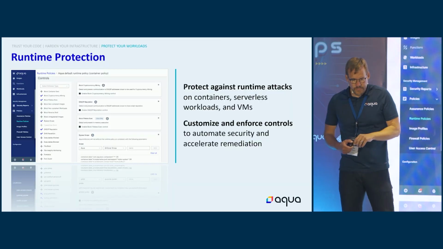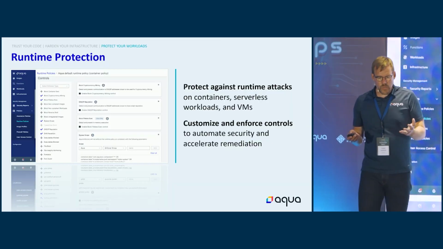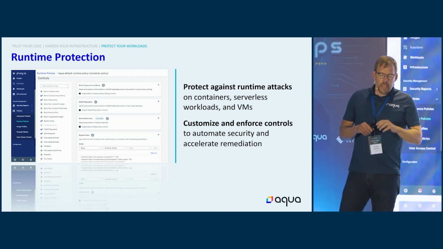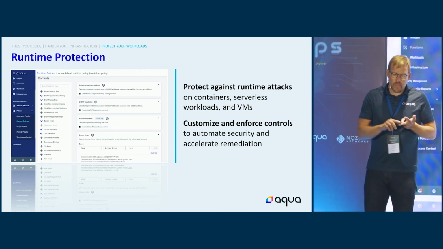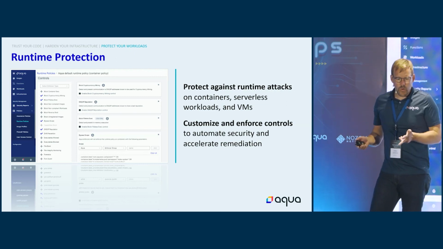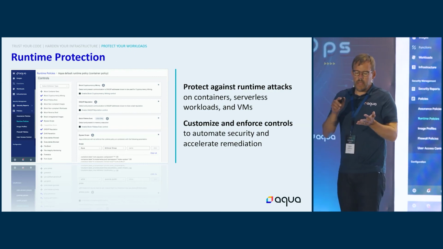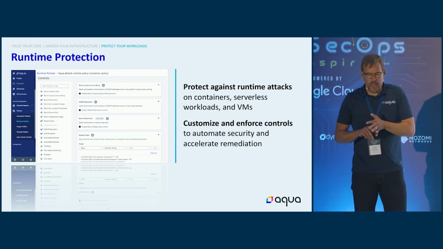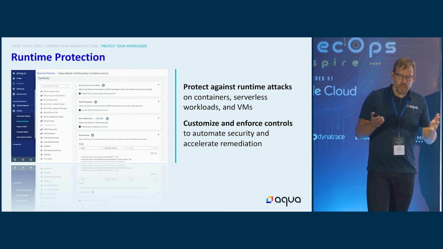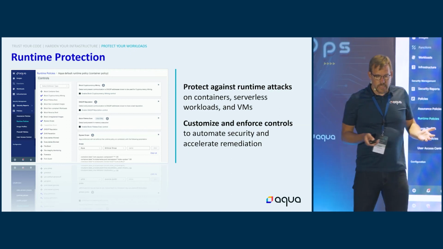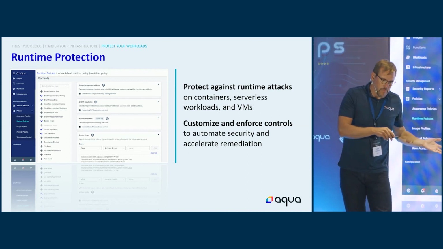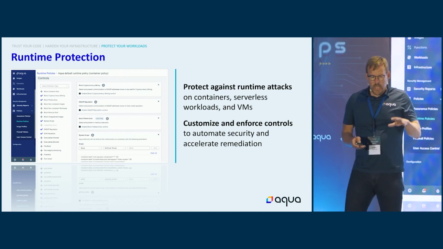Protecting your workloads. Of course, it is not only the containers, but also the workload, your worker nodes, your virtual machines, your serverless functions, and so on and so forth. You need to understand what you're running there, and if they do malicious things, either known malicious or unknown malicious.